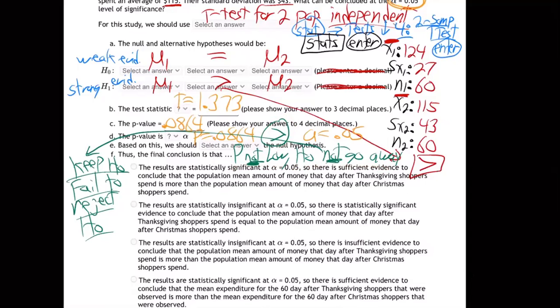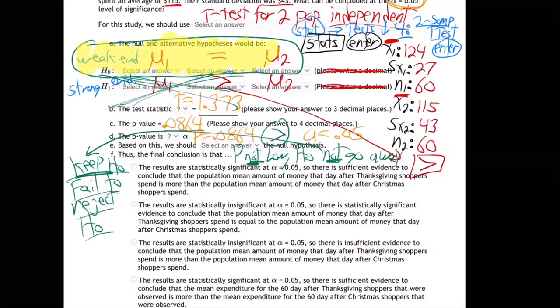So we're keeping H0. So I'm going to go up here. I'm going to circle H0. I'm going to cross out H1. Keeping H0. There's my conclusion. So evidence is weak.